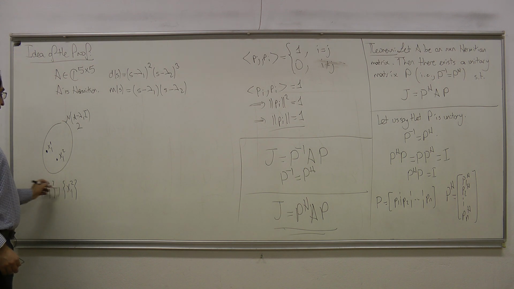Then I need to choose these vectors to be linearly independent. This completes the chains for the first eigenvalue. So what can I say about these vectors? This space is an eigenspace, and these vectors are non-zero vectors inside this eigenspace. That means both of these vectors are eigenvectors, and they are linearly independent.